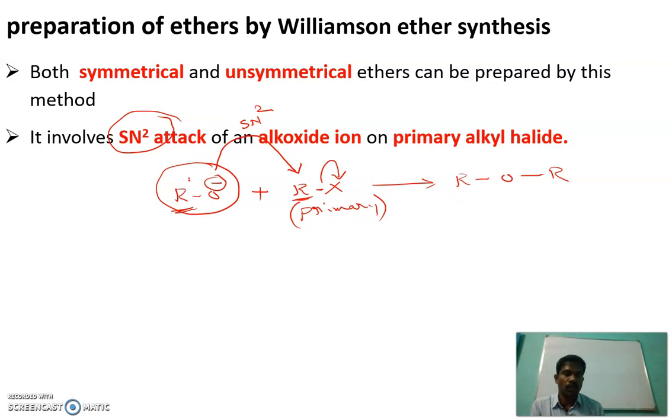If the two alkyl groups are different, then we get an unsymmetrical ether. The only condition for Williamson ether synthesis is that the alkyl halide should be primary for better yield of the product. Alkoxide may be primary, secondary, tertiary, bulky, vinyl or aryl, it can be anything. Clear?